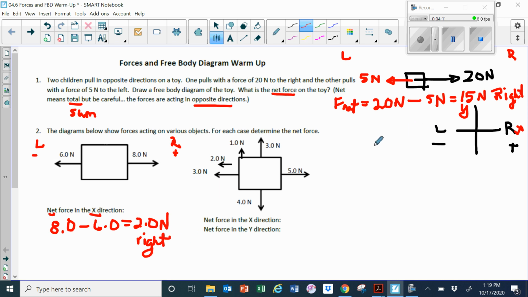Okay? So let's talk about something real quick before we go any further. On the toy, there's a net force of 15 newtons to the right. And on number 2, on this one, 2A, there's a net force of 2 newtons to the right. So this has a net force acting on the body. That means it's not in equilibrium.